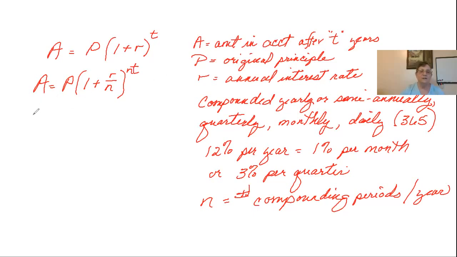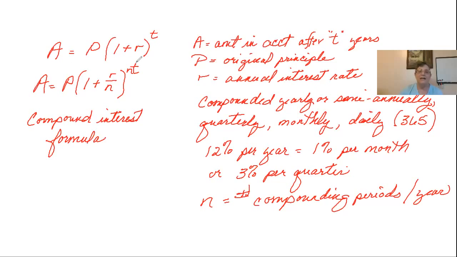So this is your usual compound interest formula. This takes care of it no matter how many times it's compounded per year, no matter what the interest rate is, no matter what the number of years is, no matter what the original principal was, no matter how much it has at the moment.